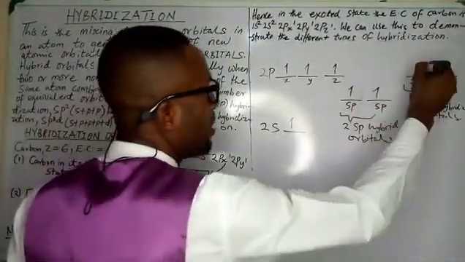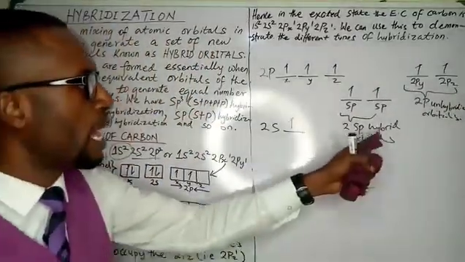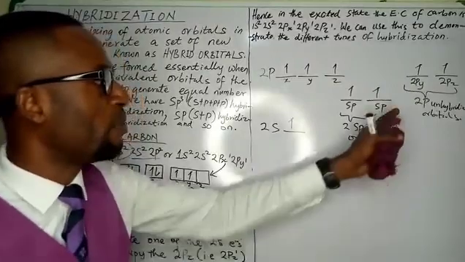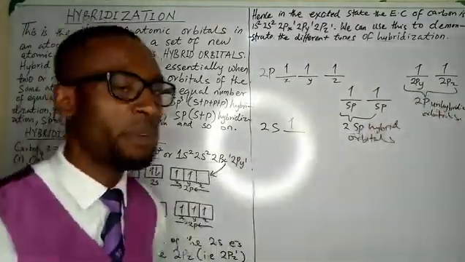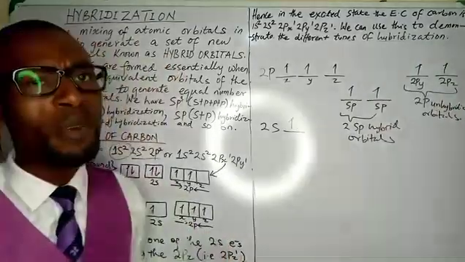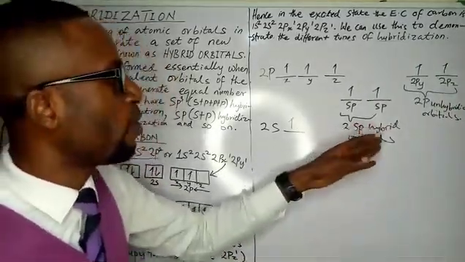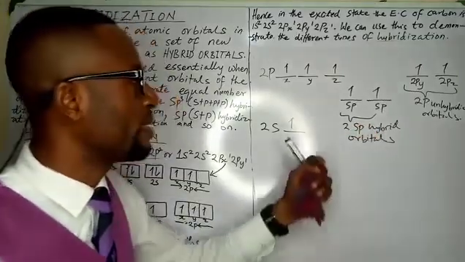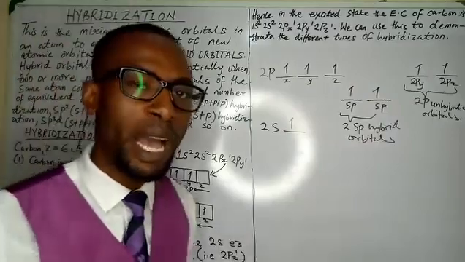Now let's place the electrons. The electrons will be like this. We have the two sp hybrid orbitals, and we have the 2py and 2pz unhybridized orbitals. It is important to mention again that the hybridized orbitals are used to make sigma bonds, while the unhybridized orbitals are used to make pi bonds.